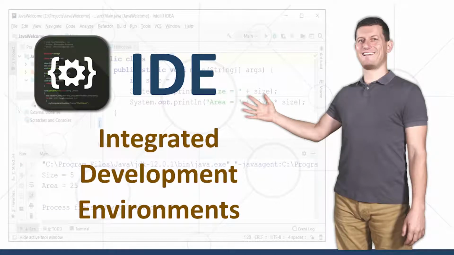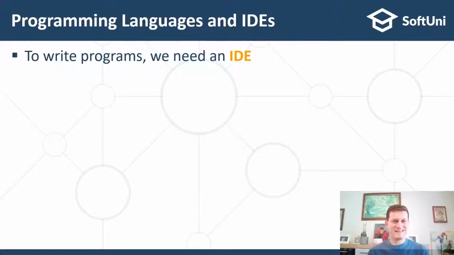First, I would like to explain what an IDE, Integrated Development Environment, or just coding environment, is, and how it helps writing code, compiling and running the code, and debugging, which means to step through the code one by one. Programming languages are related to integrated development environments because to write programs we need an IDE.